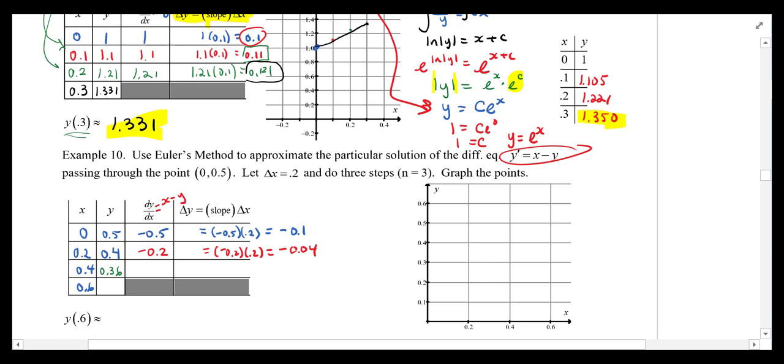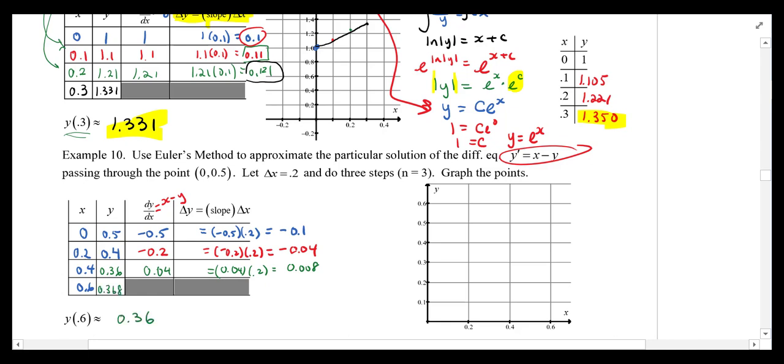And then now x minus y, 0.4 minus 0.36. Oh, look at this. It actually becomes a positive value. Really small though, but still positive. 0.04 times 0.2, that's 0.008. And then if you add that to it, you get 0.368.